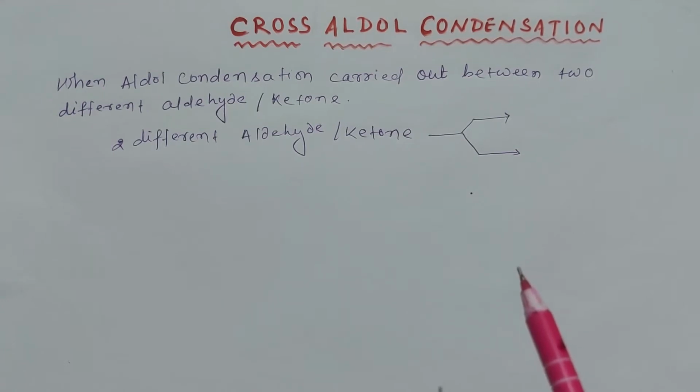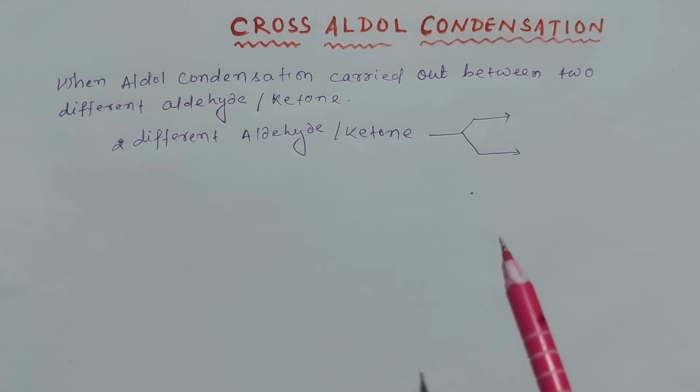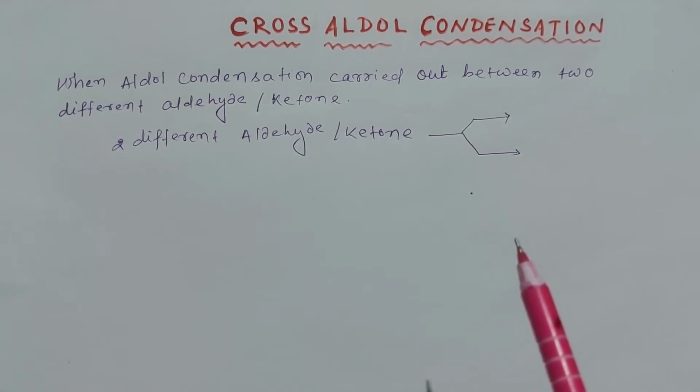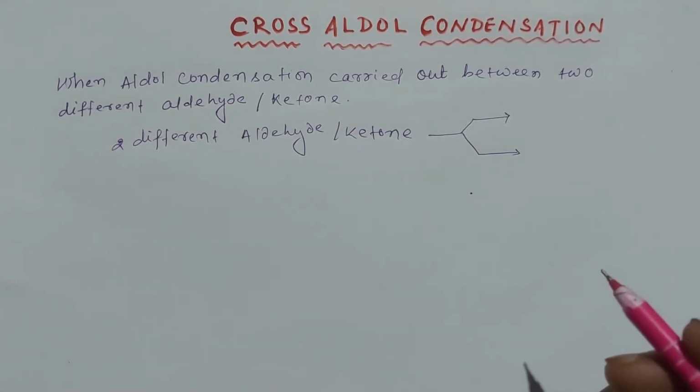Cross aldol condensation occurs when aldol condensation is carried out between two different aldehydes or ketones under basic or acidic conditions. The two different aldehydes will form two different types of product.